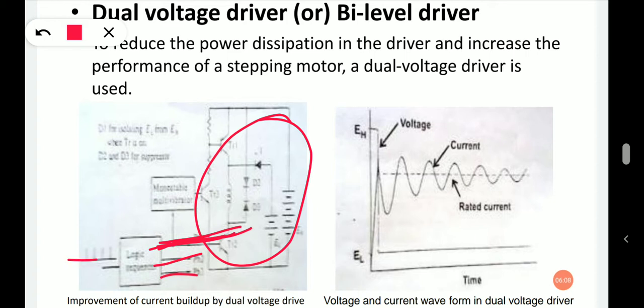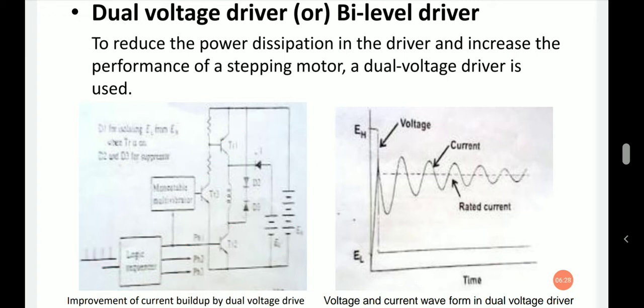When a step command pulse is given to the sequencer, high level signals come out from this sequencer and are given to excite the one phase winding. The diode D1 is now reverse biased.